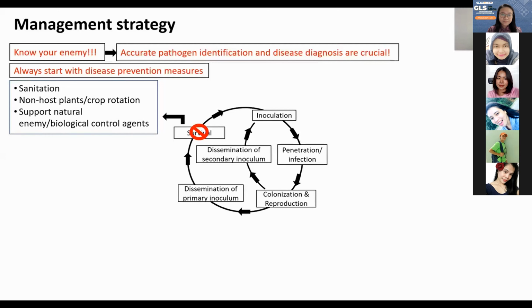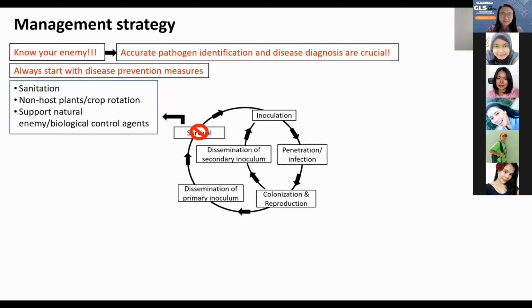Okay, and another thing that we can do is modifying environmental conditions in the field. That way, we hope that we can get really diverse organisms in our field, among which we might get good organisms, and we can use those to fight against bad organisms, in this case, the pathogens.